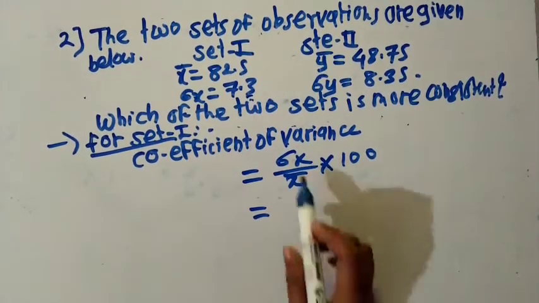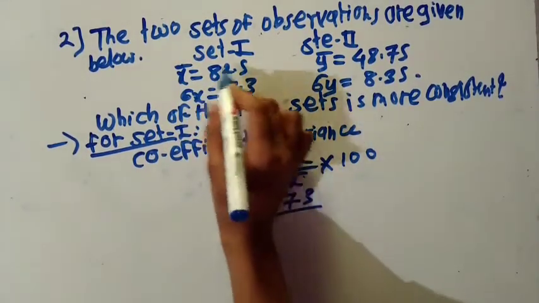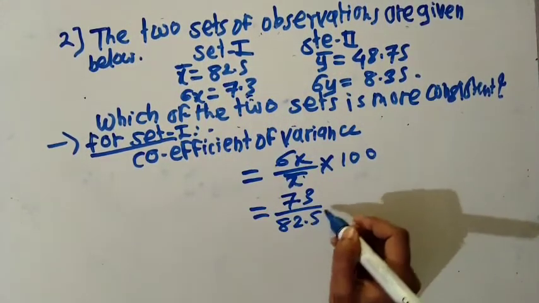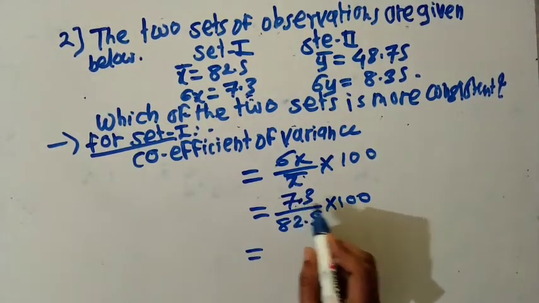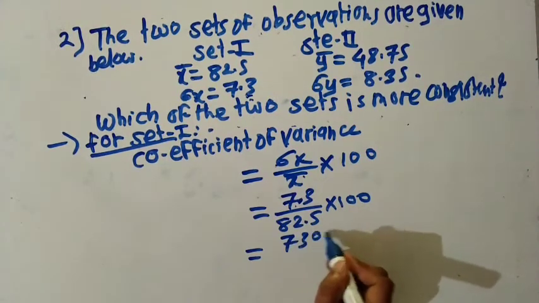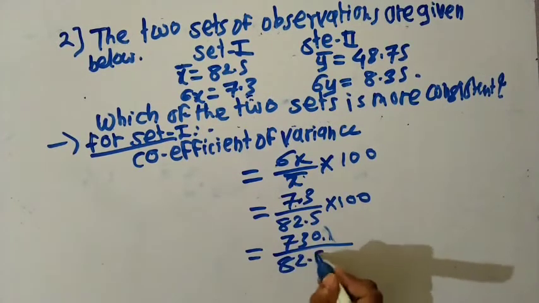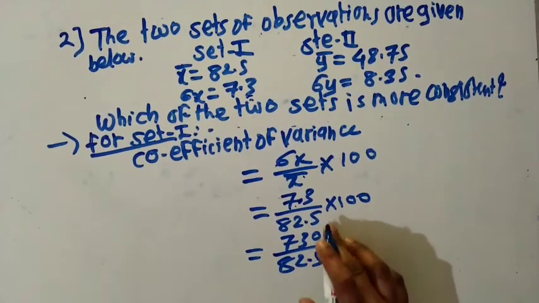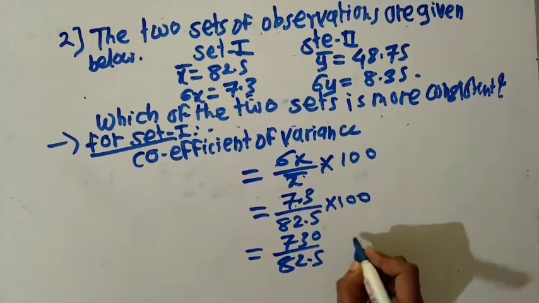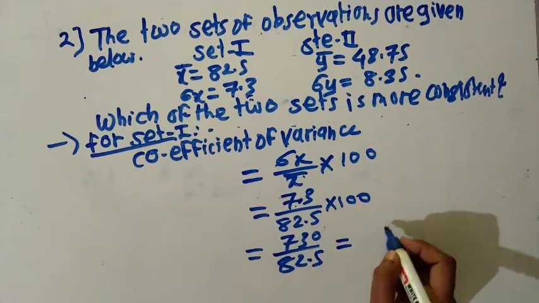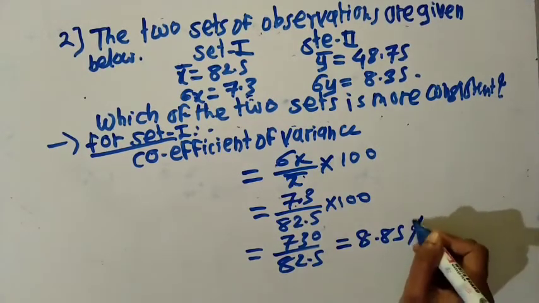Means sigma x is 7.3 upon x bar is 82.5 into 100, which is equal to 730 upon 82.5, which is equal to 8.85%.